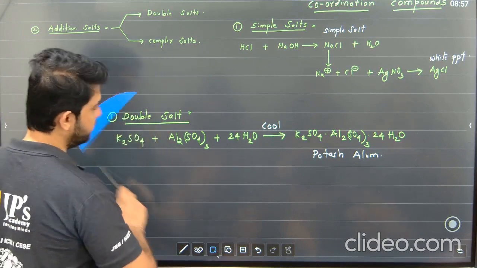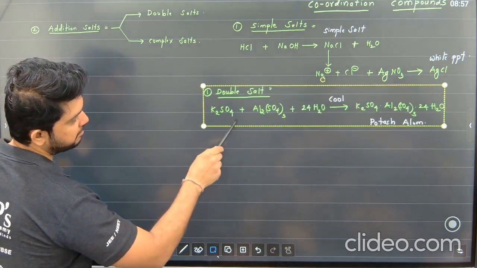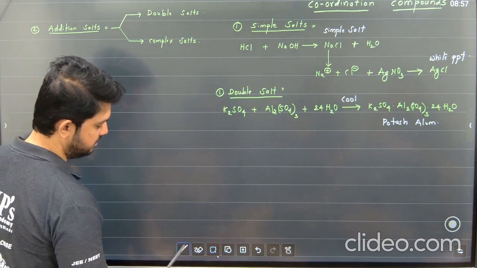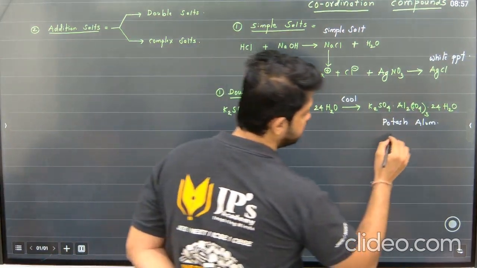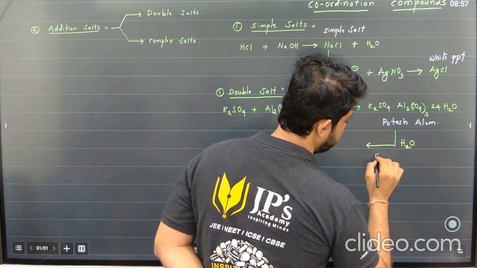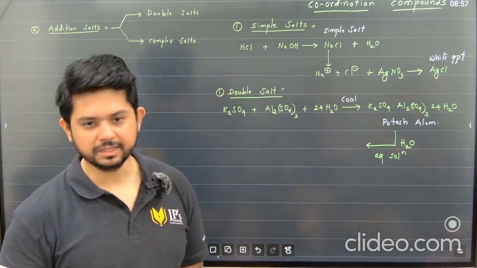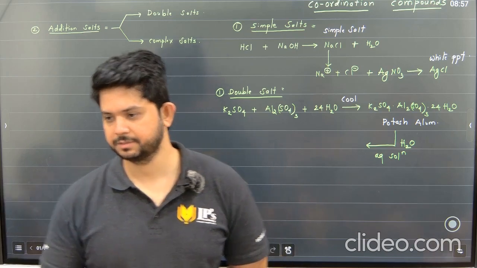So this is potash alum. Now, people, if I make an aqueous solution of potash alum, which all ions will be present?